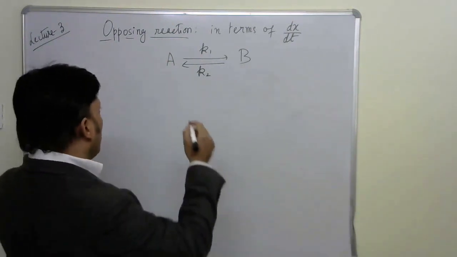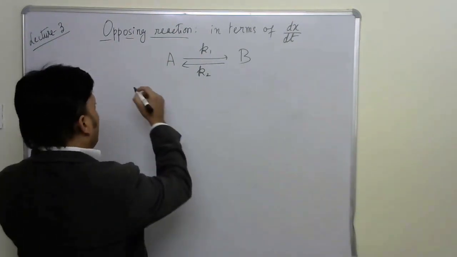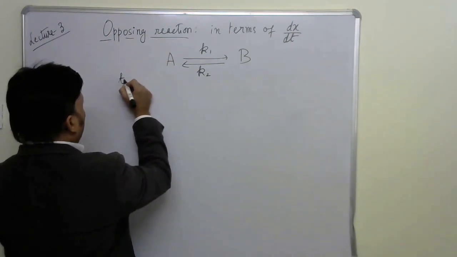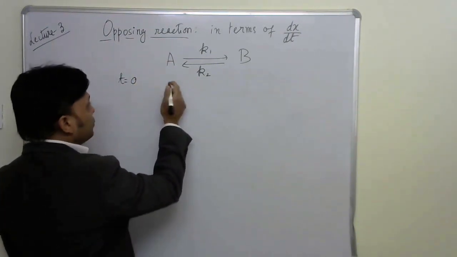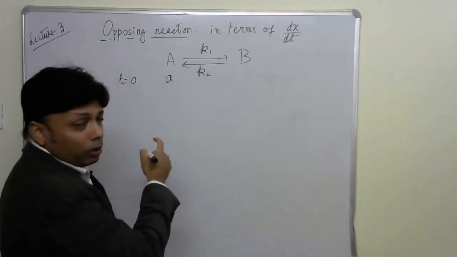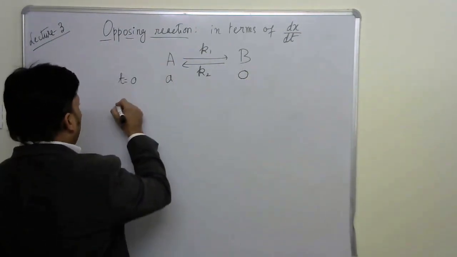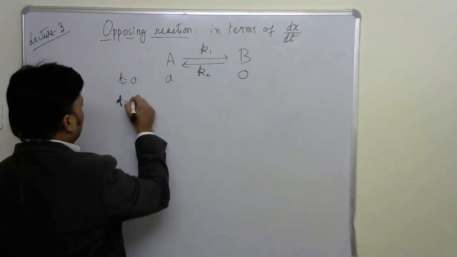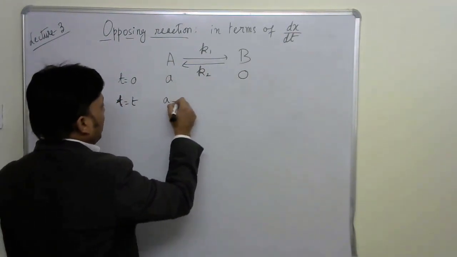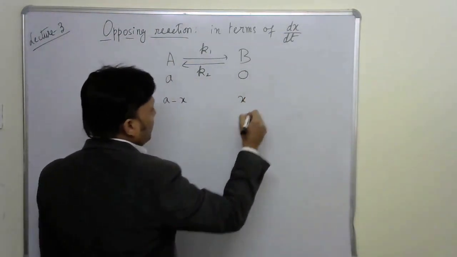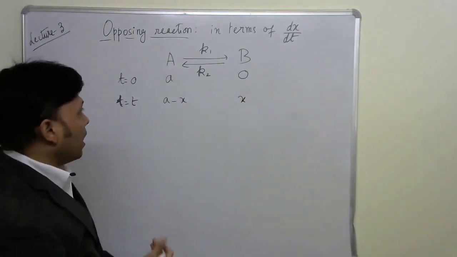We would follow the usual steps, and by now we are familiar with it: at time t equal to 0, the initial concentration of A is small a, and the concentration of the product B is 0, and at any time t we have a minus x, and the concentration of B is x, where x is an unknown variable.